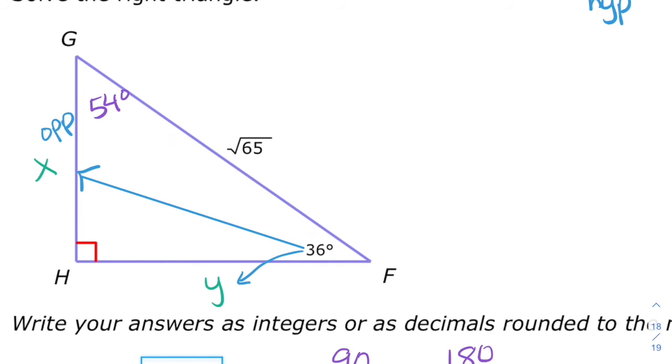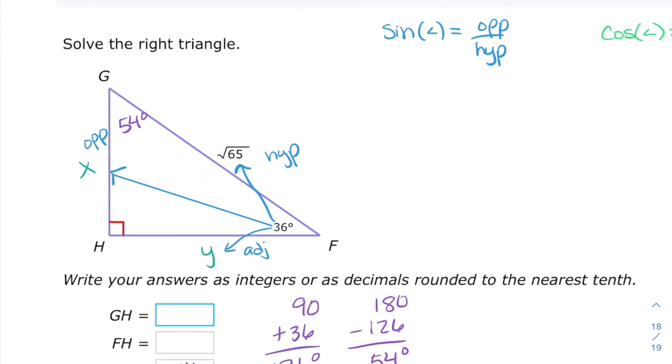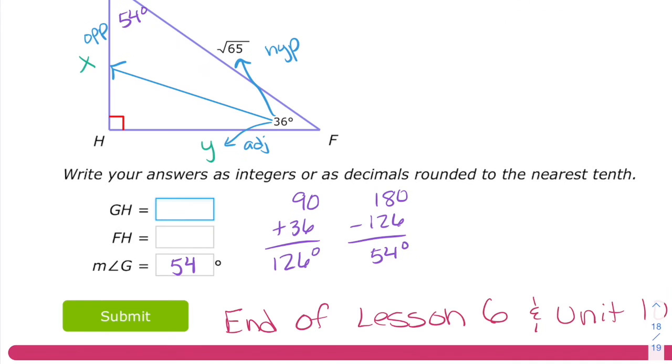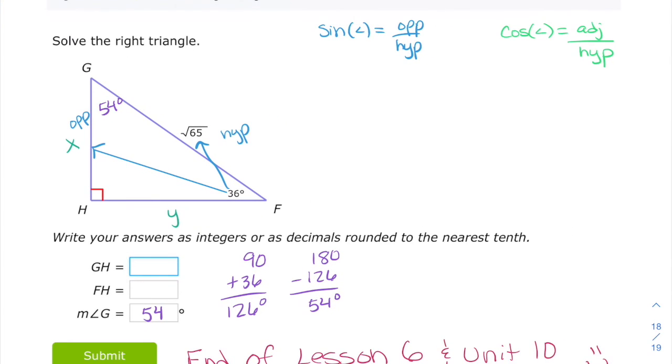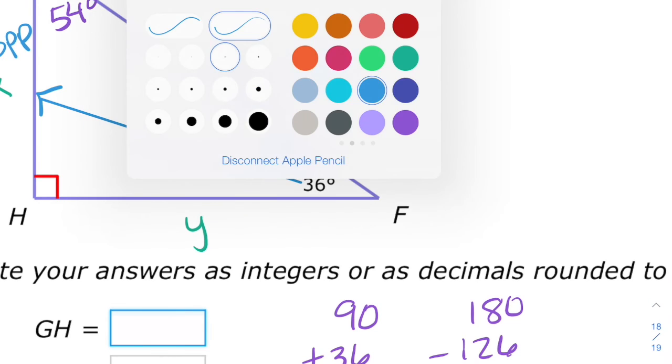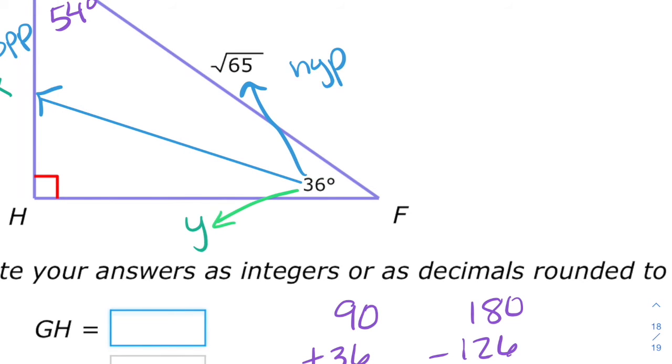This is the adjacent side. And this is the hypotenuse. Let me use different colors. This one is your adjacent and the hypotenuse again.